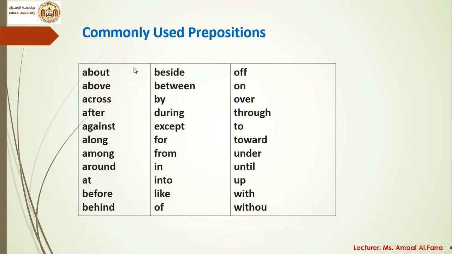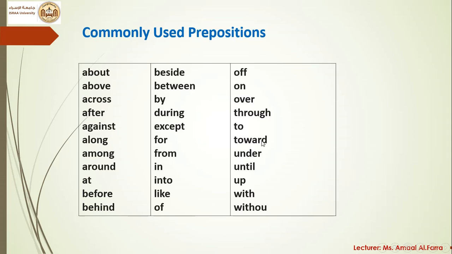Commonly used prepositions. These are commonly used prepositions. Study them well to know them, to identify them and differentiate them from other adverbs, as we will see later on. Above, about, across, after, against, along, among, around, at, before, behind, beside, between, by, during, except, for, from, in, into, like, of, off, on, over, through, to, toward, under, until, up, with, without.